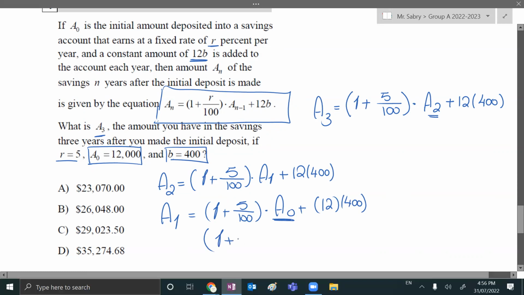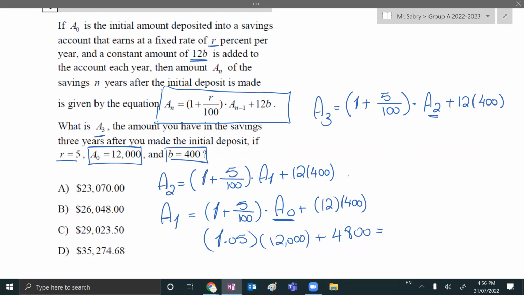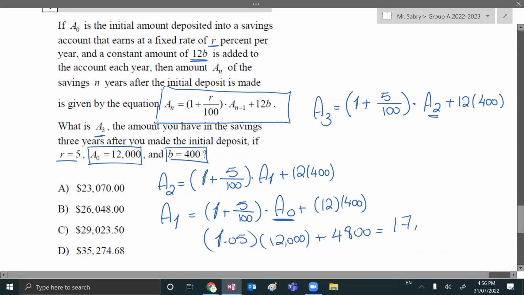This will become as 1.05 multiplied by 12,000 plus 4,800 on a calculator. $17,400. You'll take this amount and substitute it over here instead of A1.